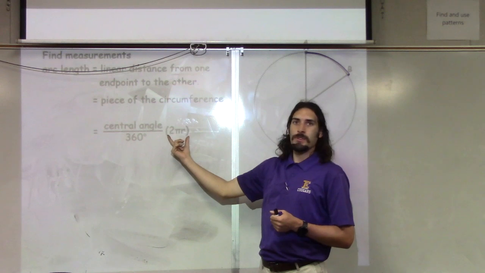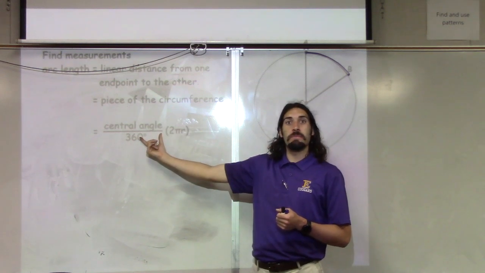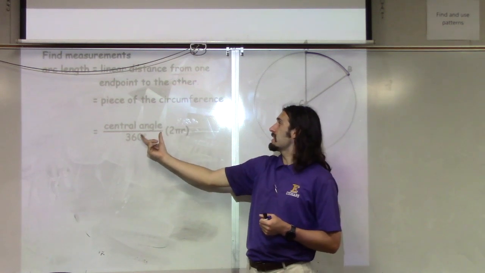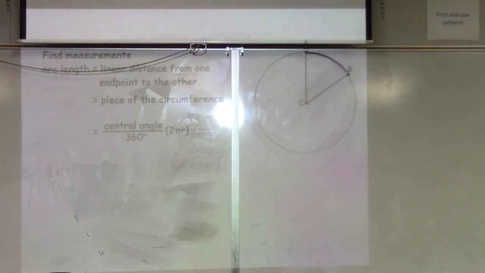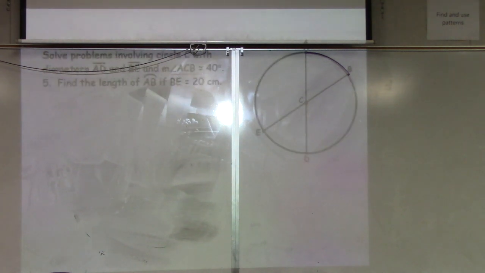If this is the whole circle, what part should you keep? That's all this formula is saying. So central angle over 360 is the fraction of the circle that you want. And then 2 pi r is your circumference. And so more formally in this picture, you could write it as angle ACB over 360, but I'm just going to stick to that central angle statement that we had before.